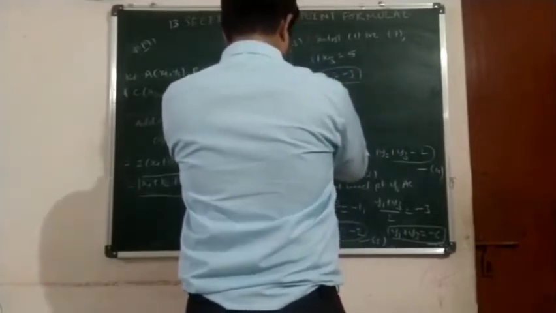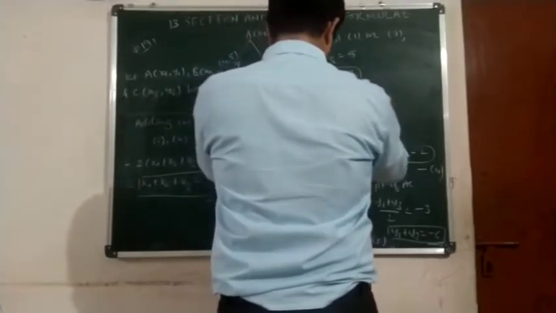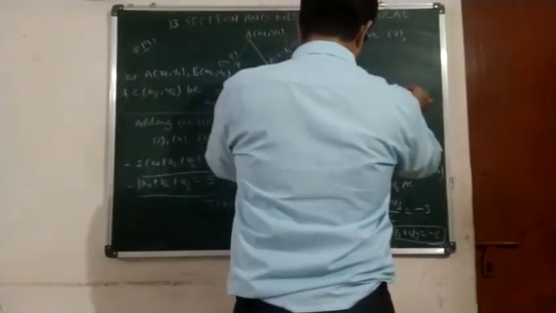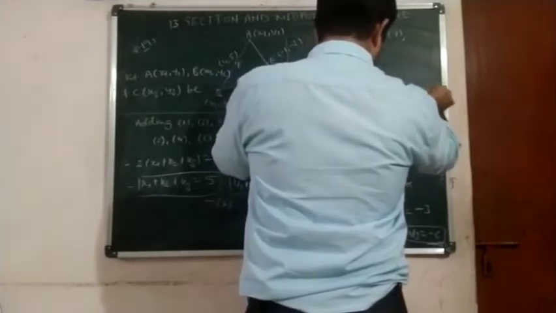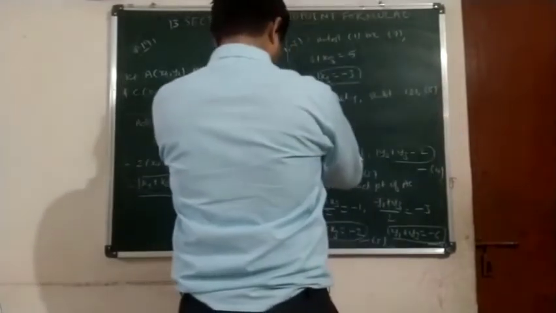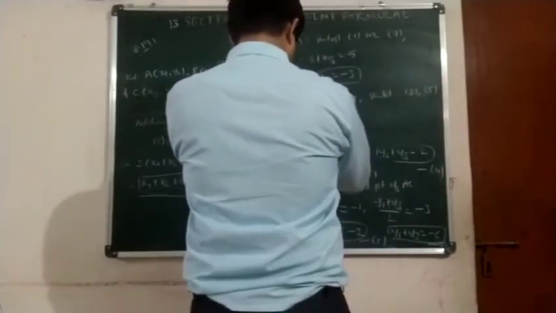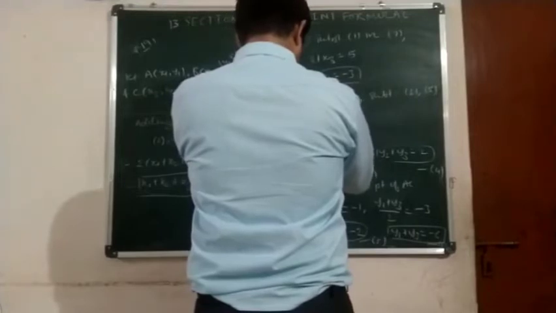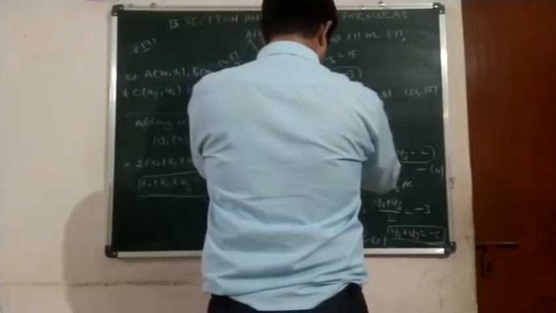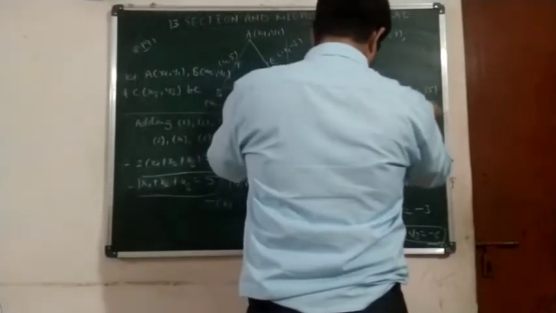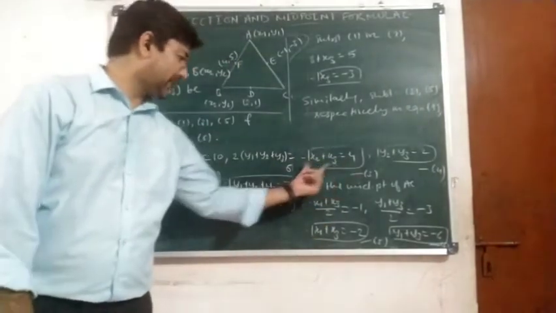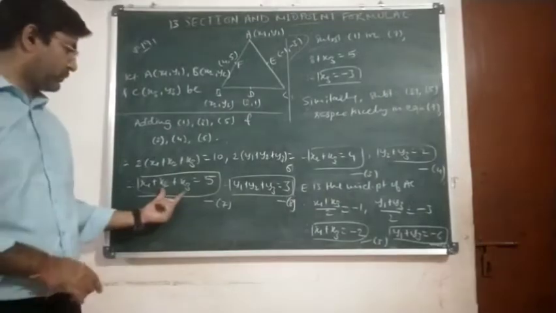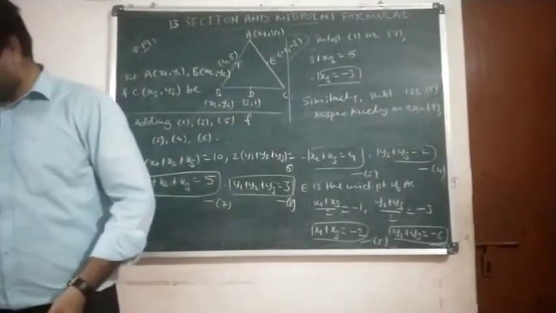Similarly, if we substitute equations 3 and 5 respectively in equation 7, one by one, first we will substitute 3, then 5. When you substitute 3, that is x2 plus x3 is equal to 4, so 5 minus 4, x1 will be 1.